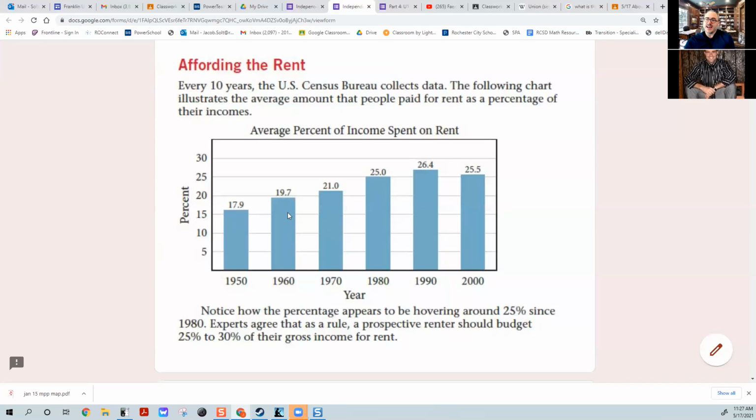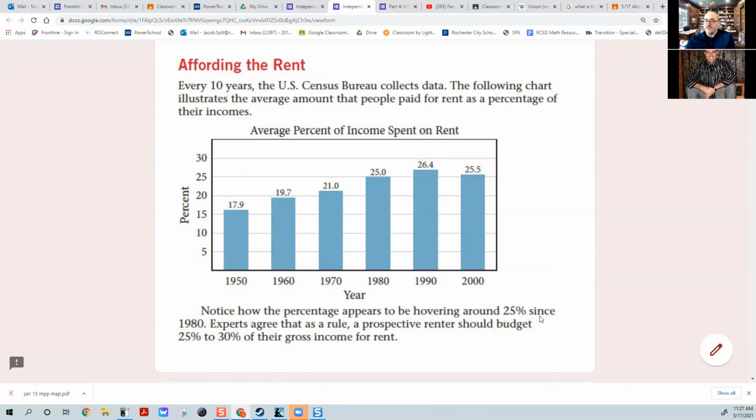By 1960, that had gone up a little bit to 19.7% of their income going towards rent. And in 1970, it creeped up a bit more. By 1980, fully 1/4 of people's incomes were going towards rent. In the 90s, it was 26.4, and in 2000s, it was 25.5.